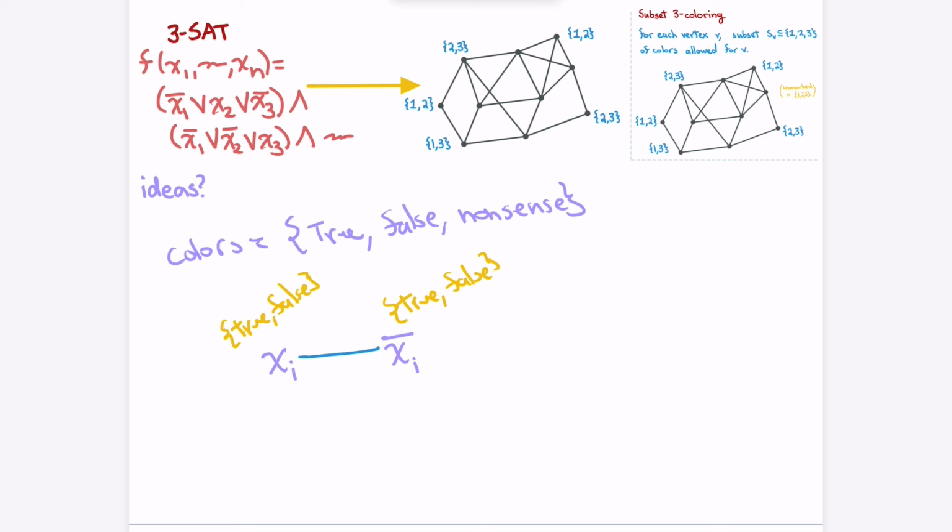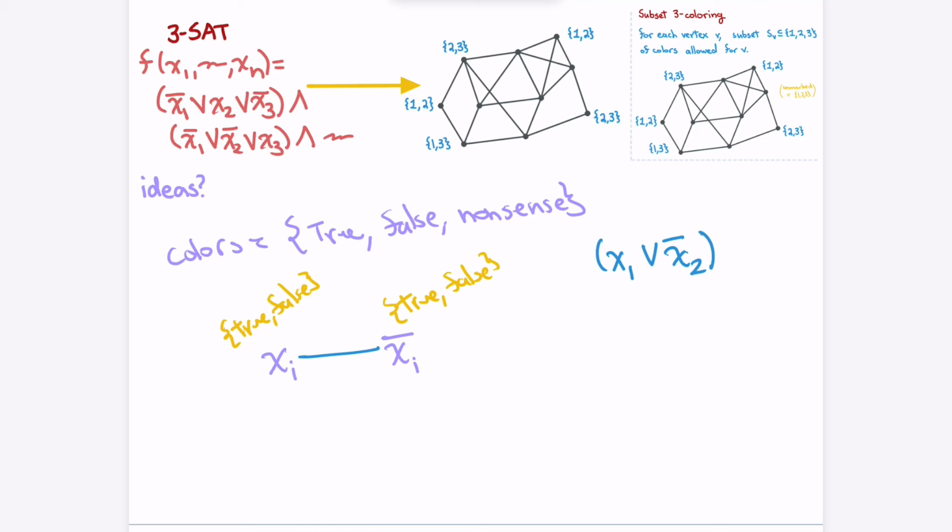Okay, we're gonna do three variables, but maybe as a warm up, suppose I wanted to model just a two variable formula, something like this, right? So somehow I want to make some gadget where x1 and x2 can only be colored if the clause is satisfied, right?